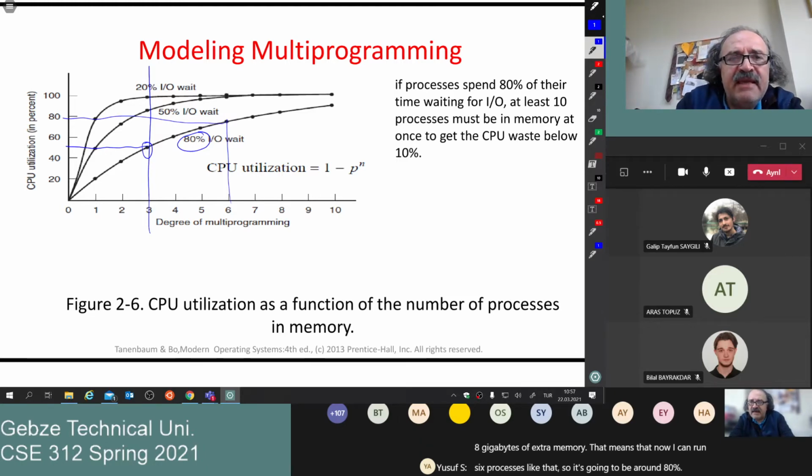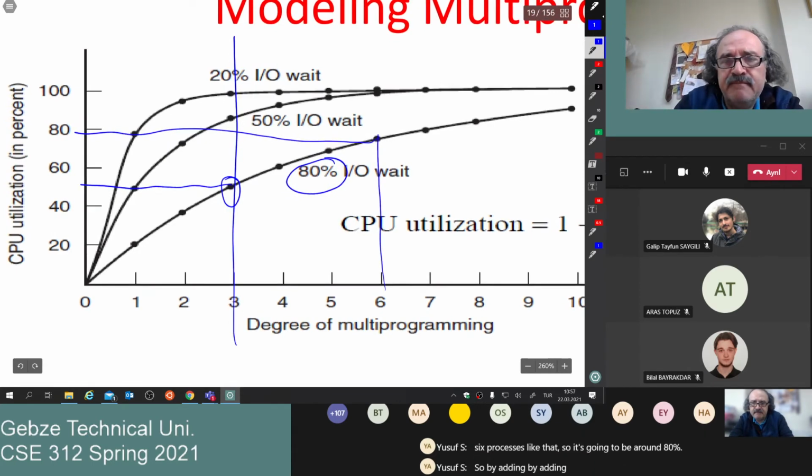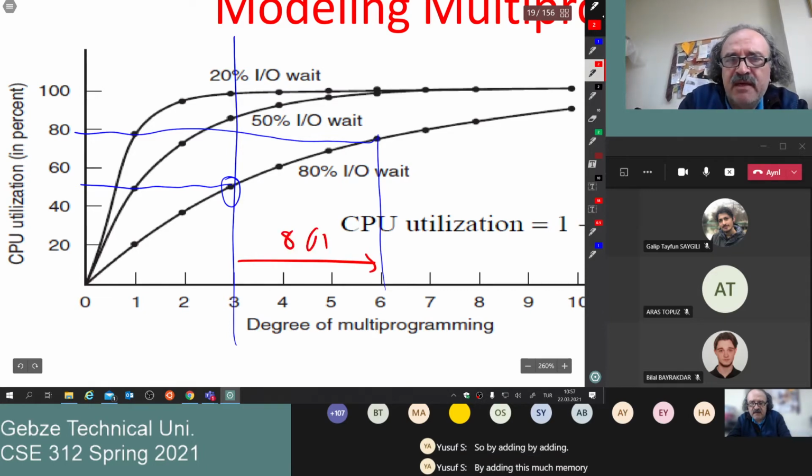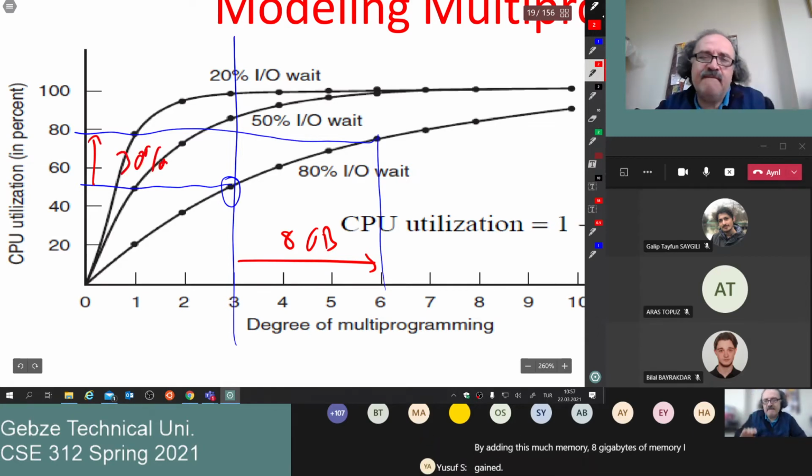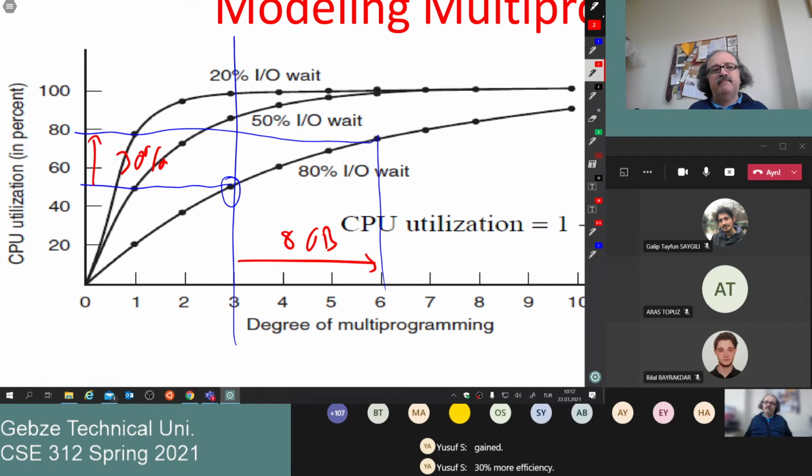So by adding this much memory, 8 gigabytes, I gained 30% more efficiency. Okay, so what does this mean?